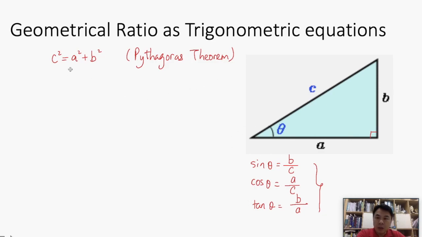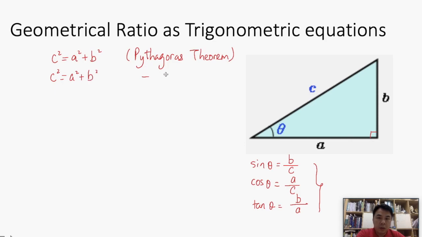Now firstly, by using the result of the Pythagoras theorem, we can manipulate this algebraically any way we like. Let's label this as my equation number 1, which is easier to work with.